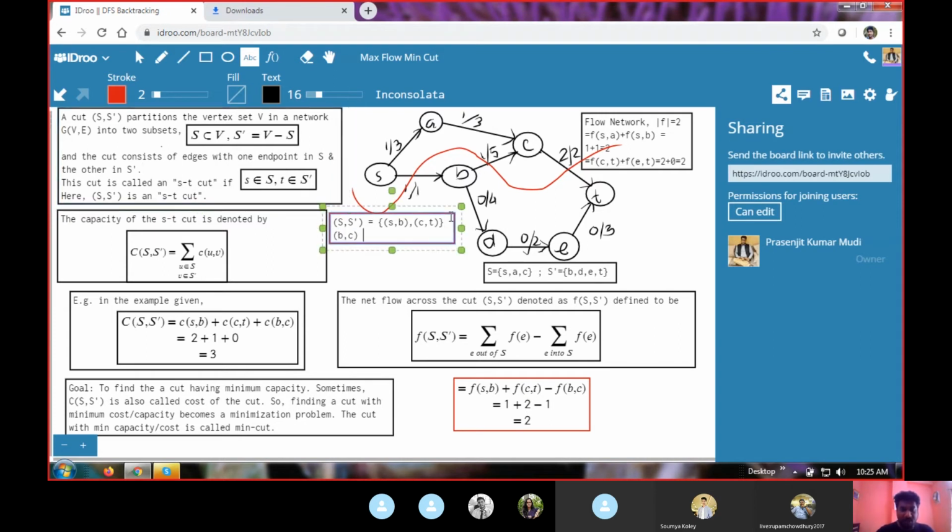B comma C is not same as C comma B. So their orders are different. So if you consider BC, B has to be present in capital S, but B is not present in capital S. B is present in S prime. That's why BC can't be an edge in the S comma S prime cut. Okay.